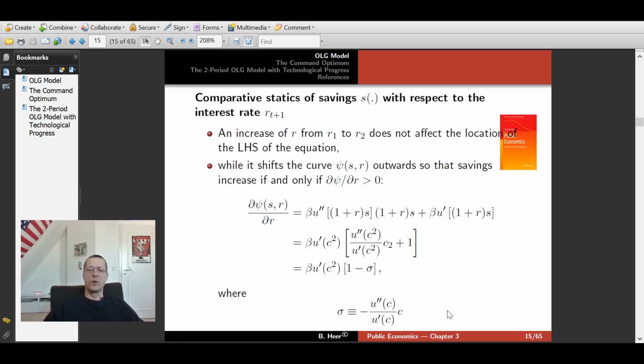The intertemporal elasticity of substitution, 1 over sigma, gives you how the consumption growth rate reacts, the percentage change of the consumption growth with respect to a change in the real interest rate. And depending on whether this value is smaller or larger than 1, you can see that the effect is positive or negative.